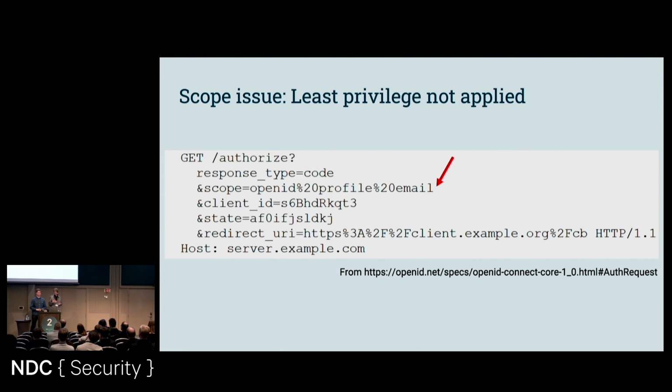For example, if you combine a client which is used for a user to log in with the code flow with client credentials, sort of use the same client for both scenarios, then that means that the user that logs in will have access to the same scopes as the internal system integration has.